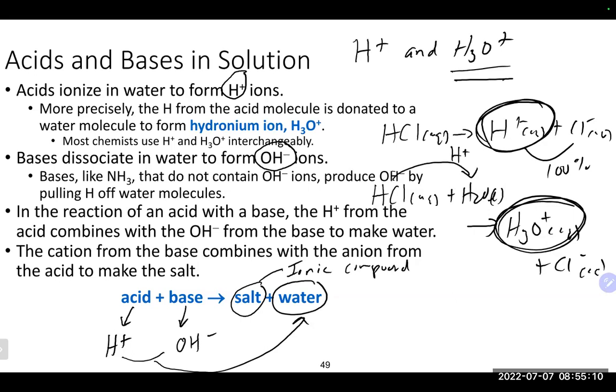They basically represent an acid in solution, and you really get H3O+ if you include water in the reaction, which a lot of times people don't when doing acid-base reactions. So an acid-base reaction will result in water, and as we talked about earlier, that is one of the three reasons why a reaction takes place. This is really the main thing that happens when you combine an acid and a base.